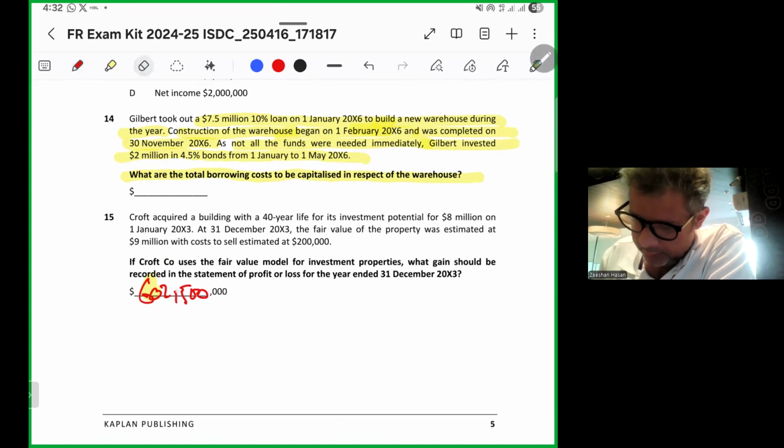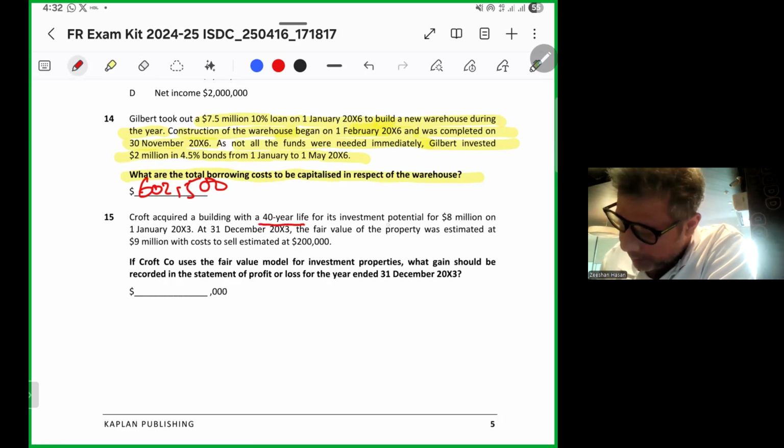602,500. Now, next question. Croft acquired a building with a 40-year life for its investment potential for 8 million on 1st January X3. At 31st December X3, the fair value of the property was estimated at 9 million, with cost to sell estimated at 200,000.